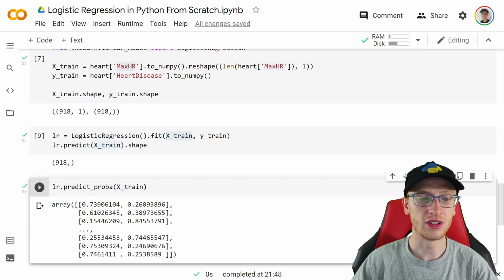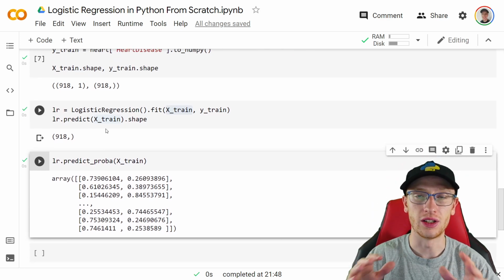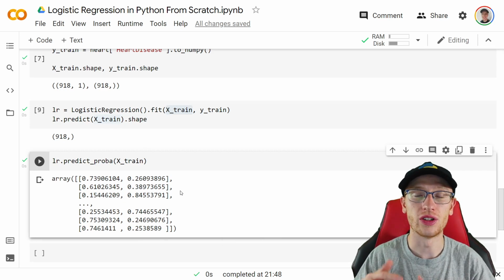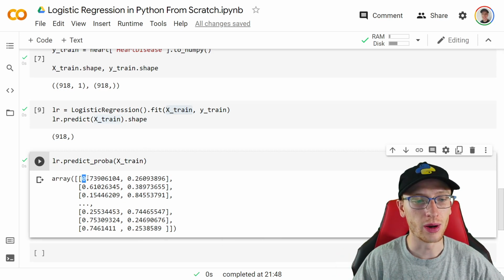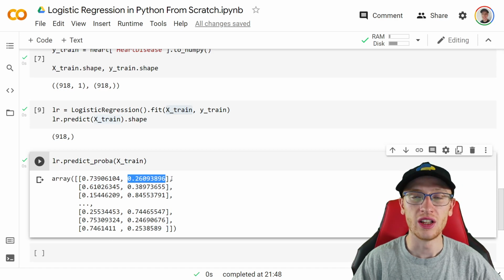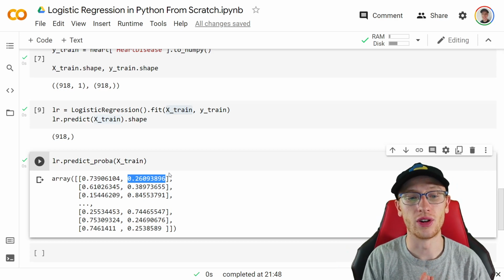This first column is for the 0 class, which is not heart disease. This second column is for heart disease. So this is the probability that the first person has or does not have heart disease according to our model. This is the probability that the model thinks the first person does have heart disease.